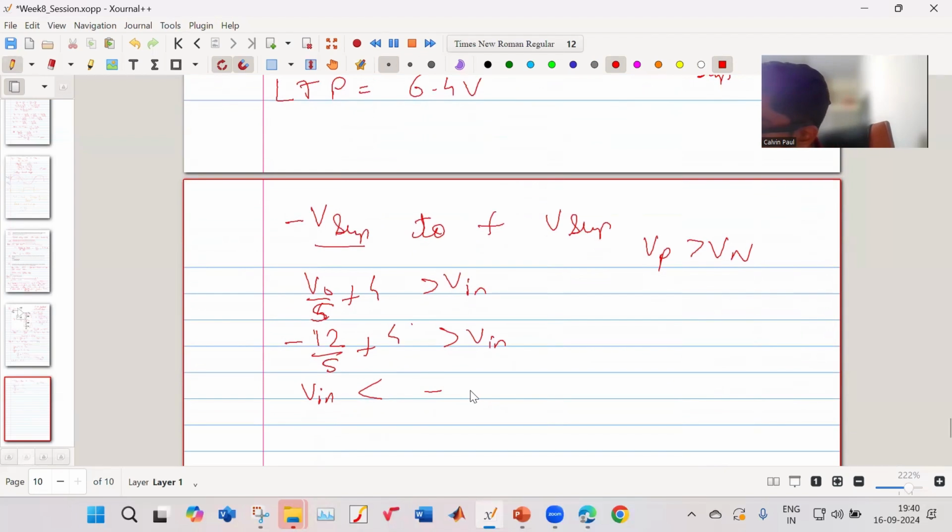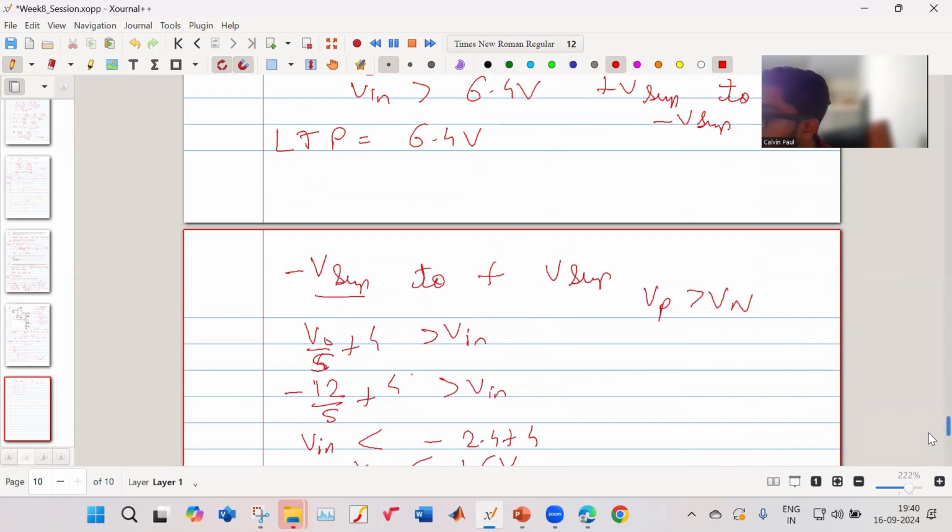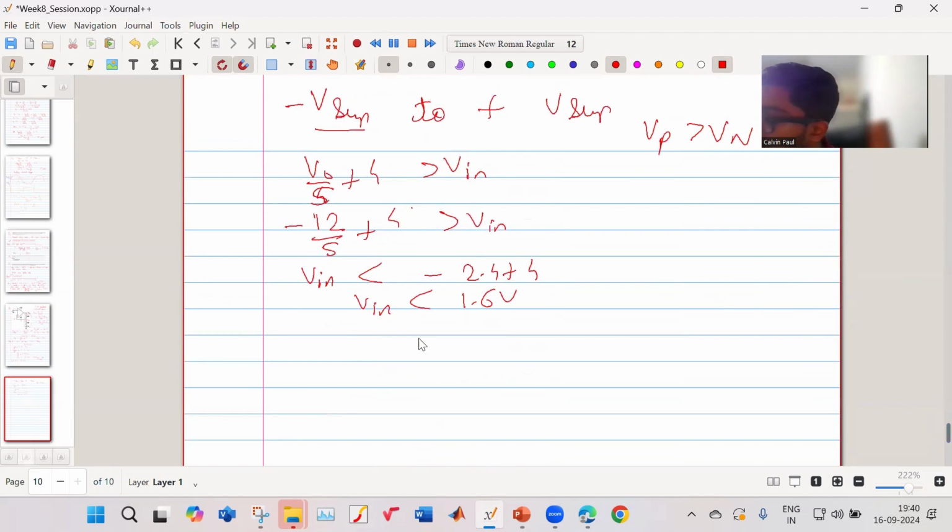Vin should become minus 2.5 plus 4. So Vin should be less than 1.6 volt. So this is my, okay, this is my upper trigger point where it is the higher volt value. And this is my lower trigger point. So my lower trigger point is 1.6 volt. Okay. So now my band is the difference between my upper trigger point minus my lower trigger point.